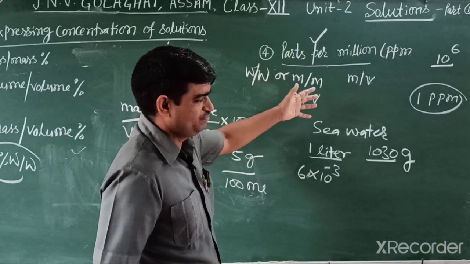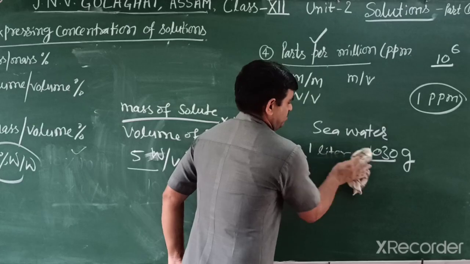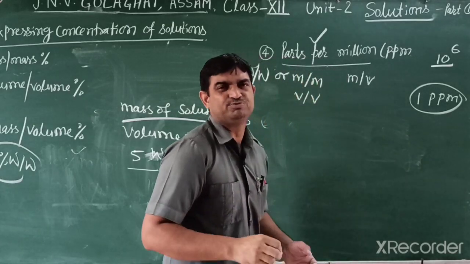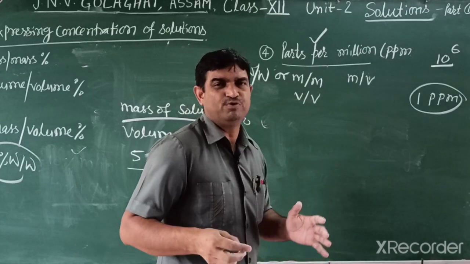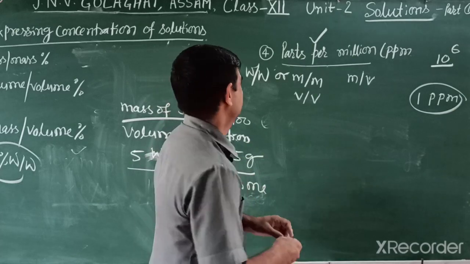So that component we can express in parts per million. Parts per million is another way of expressing the concentration of a solution when the component is in a very, very small amount, and we write ppm.